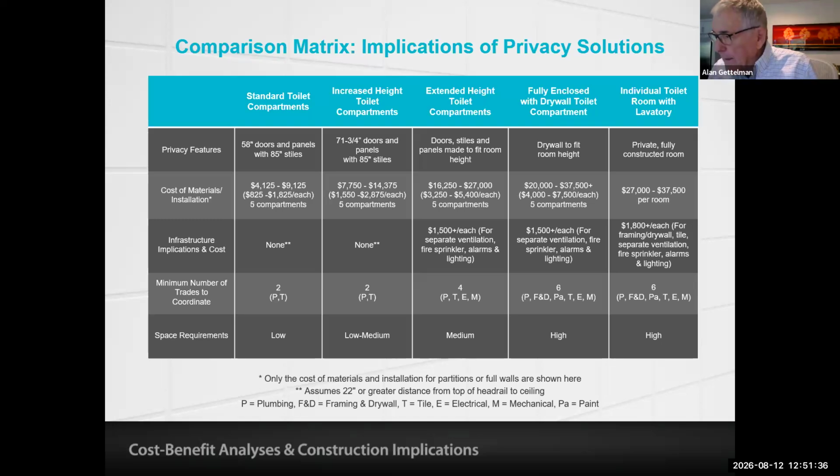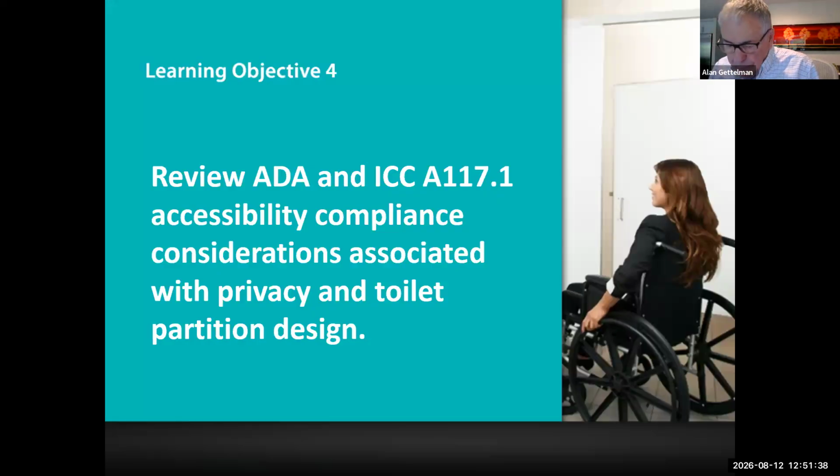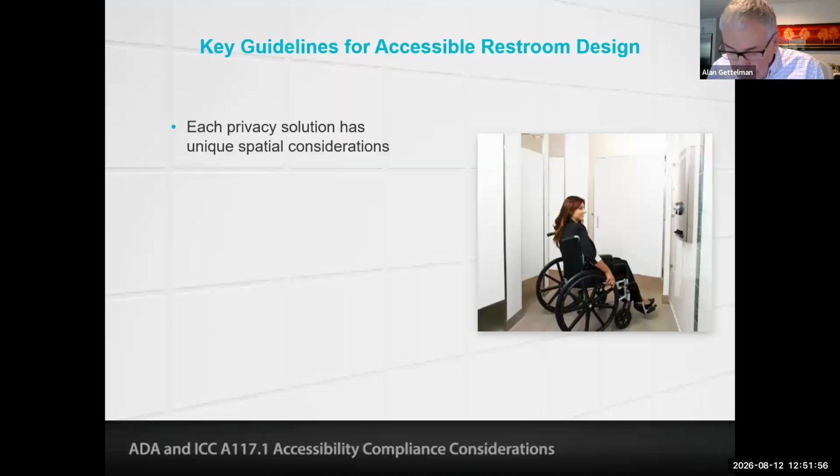Okay. Right, now move on to our final learning objective and review the ADA and A117 accessibility compliance considerations associated with toilet partition privacy design. As discussed, different privacy solutions each have unique spatial requirements.